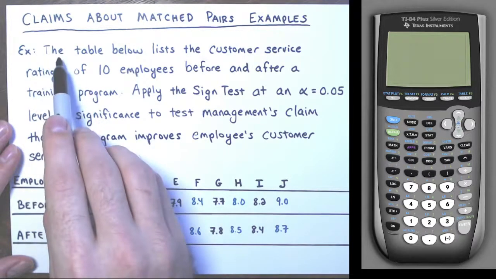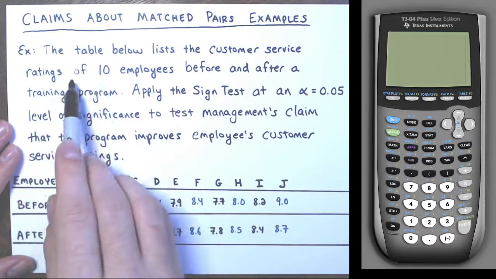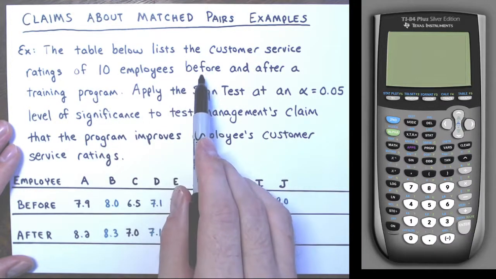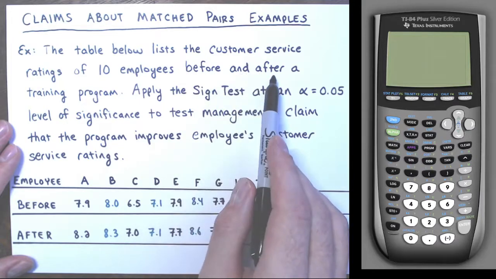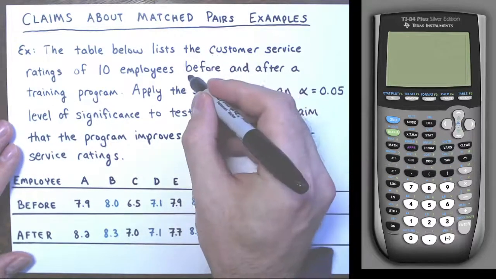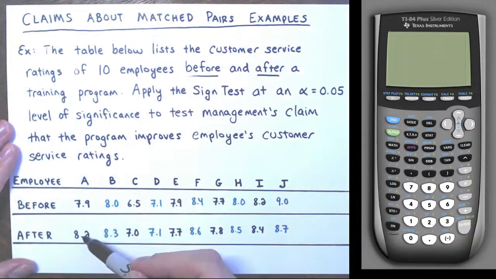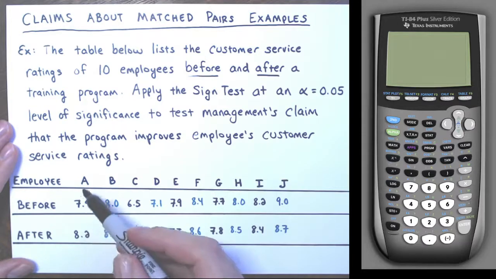The table below lists the customer service ratings of 10 employees before and after a training program. So that's why these are matched pairs, because the two readings I'm getting in the table are related to the same employee.